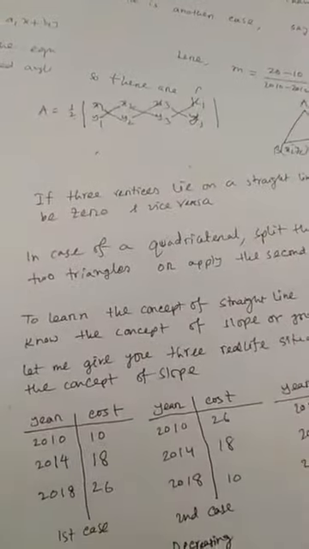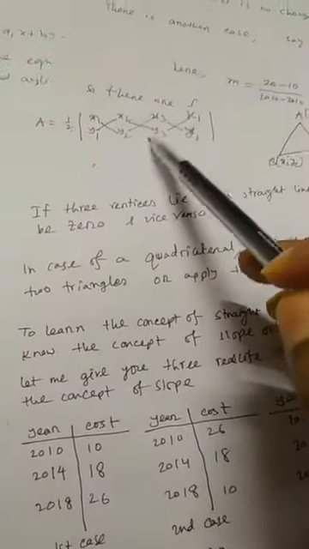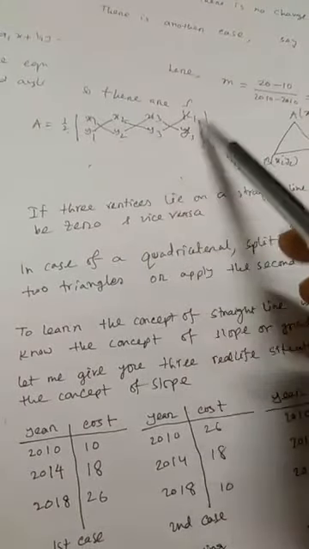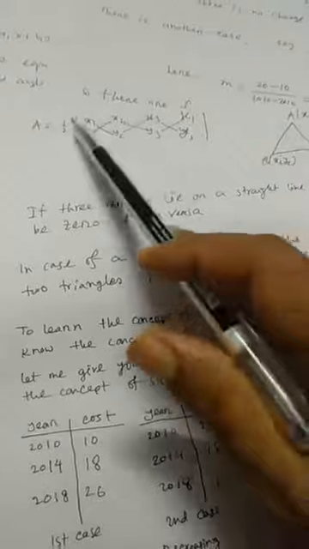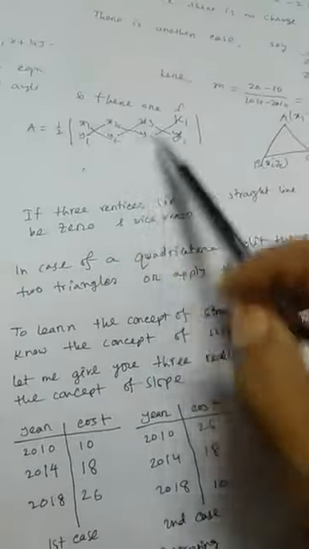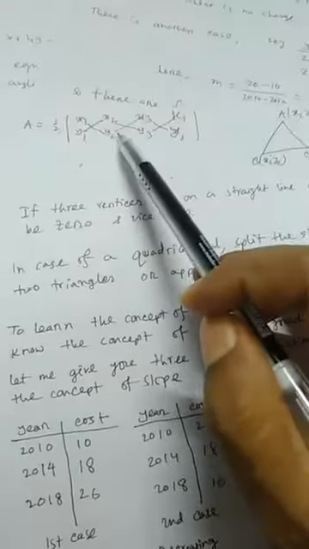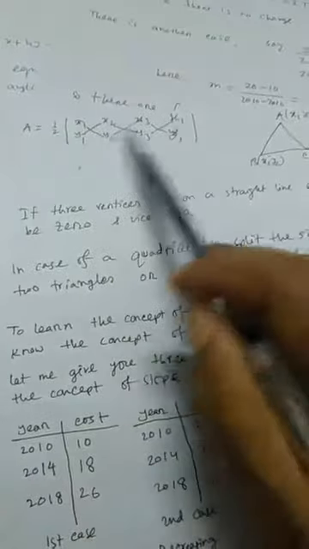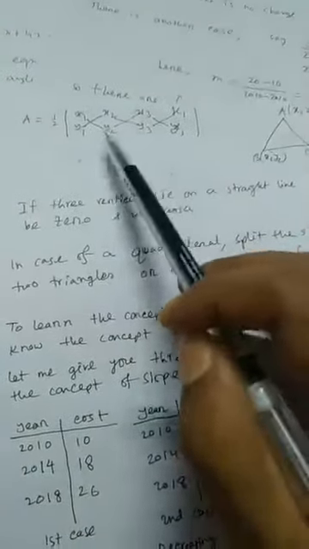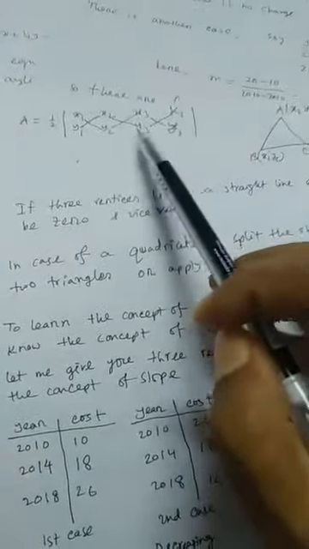So there are two formulas. One is with the help of the determinant and another is with the help of this one, which uses the modulus. Area cannot be negative. That's why the modulus sign is given, so that even a negative value you get after calculation will be given as positive because of this modulus sign. I hope you understood this.